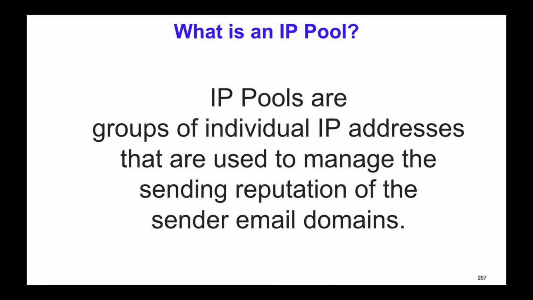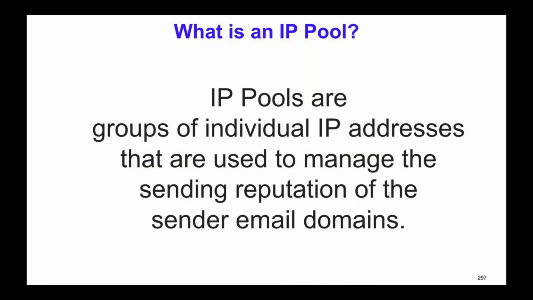We provide multiple IP addresses to you, right? And if you want to create an IP pool, you can group them, or you can create an IP pool for an individual IP address. And then you can use that IP pool to manage the sending reputation of your sending email domain.